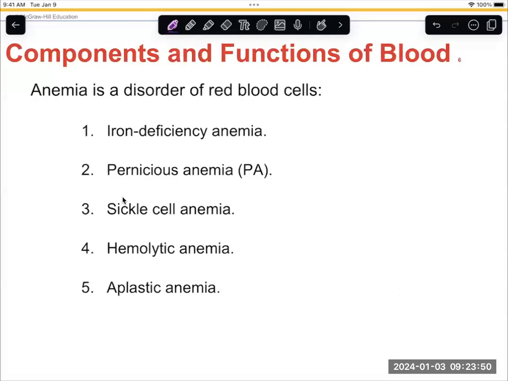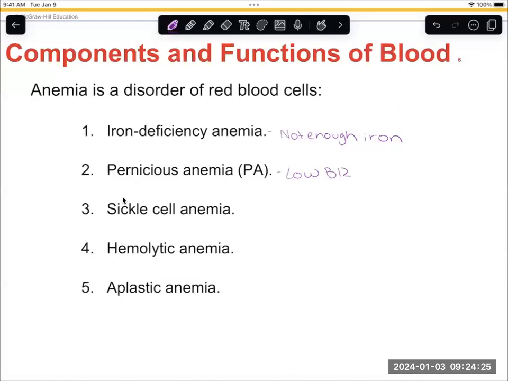So let's look at the different types of anemia. We have iron deficiency anemia, which is telling you exactly what it is. We don't have enough iron in our blood. Pernicious anemia has to do with low B12. Sickle cell anemia, this is more of a genetic type of disease.